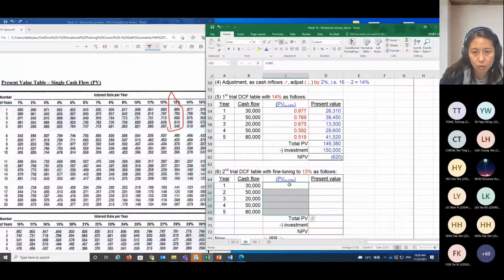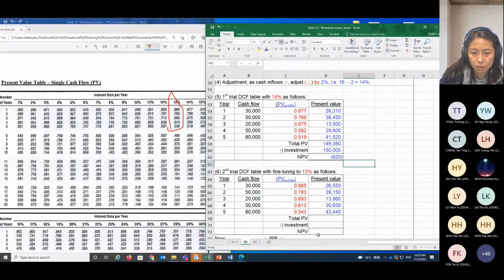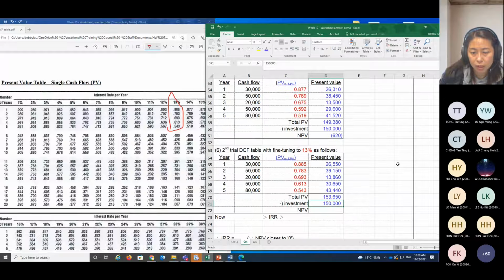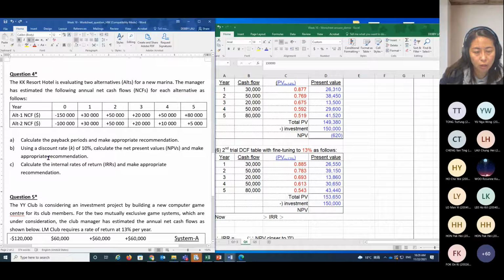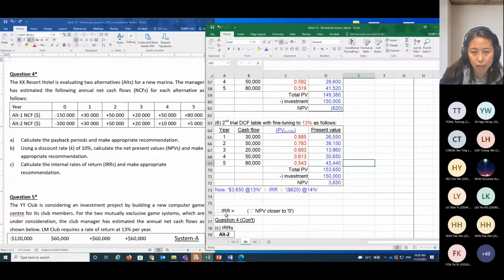Okay, IRR. Then add up the values, and with the same 150,000 investment for alternative one, the NPV is positive. So now you have to select the IRR, which is the answer.